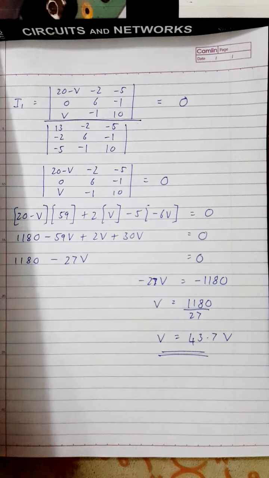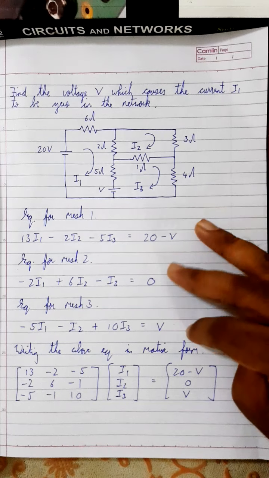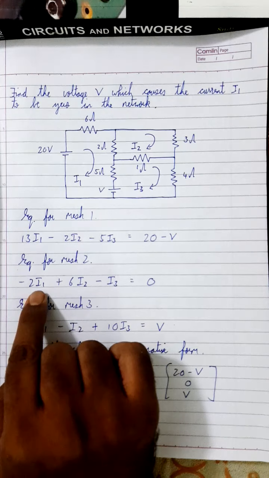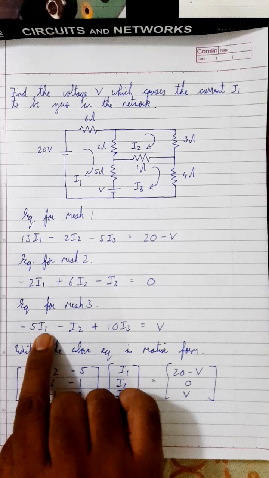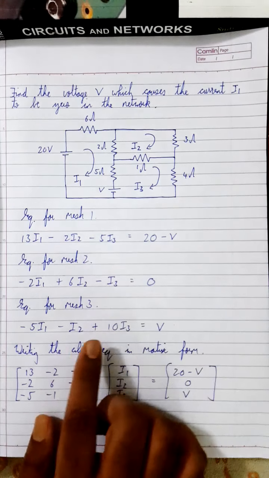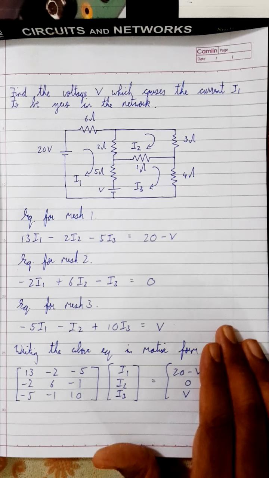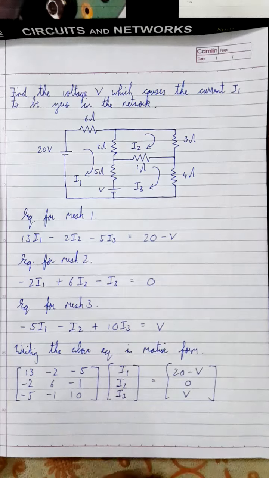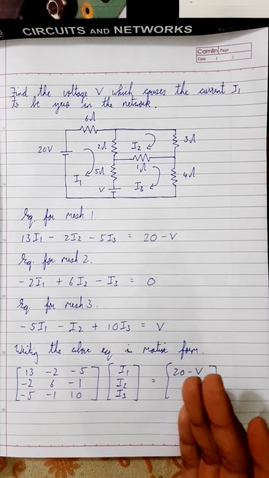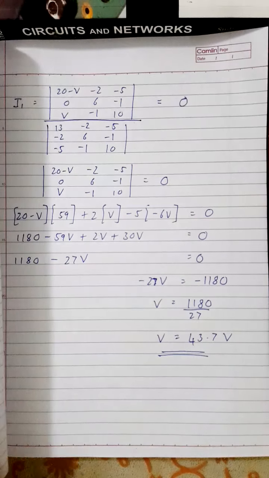The other method is, if you want, you'll have these three equations, and you can substitute the value of I1 as 0, and then you will have three equations with three unknown variables. What are those three unknown variables? I2, I3, and V. So like that you can solve for V. But I believe that method is a little bit longer when compared to this method. This is more straightforward. Okay.